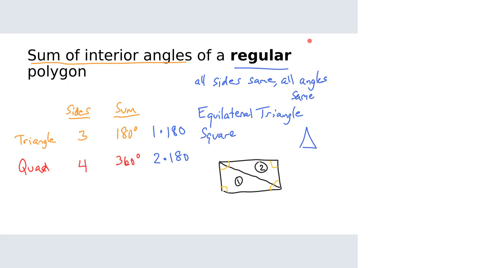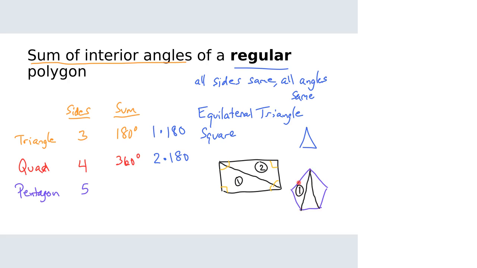We'll take this one step further and we'll go to a pentagon. It has 5 sides. I don't know what the sum of a pentagon is, but you know what? If I draw one, do my best to try to draw a regular pentagon here. It's not going to be the best, but it's not terrible. The way that I figured out the angles of that rectangle is by cutting it into triangles. I'm going to do the same thing here. I'm going to cut this into triangles.